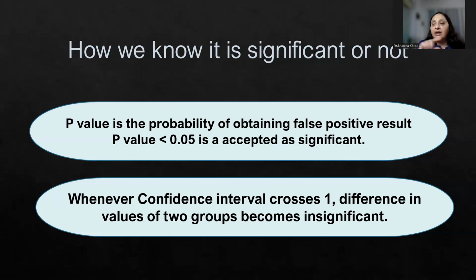The second thing is you can make confidence intervals. If the confidence interval crosses 1, like starting from 1.5 and going to 0.9, 0.8, then the difference in values of the two groups becomes insignificant.